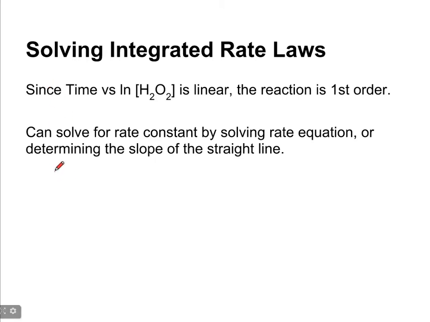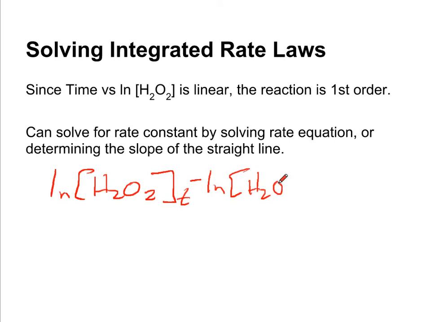again, it's first order, so it's going to be the natural log of H2O2 at time t minus the natural log of the initial concentration of H2O2 is equal to negative kt. I'm going to use time 1800. At 1800 seconds, the concentration of H2O2 was 0.22 molar.